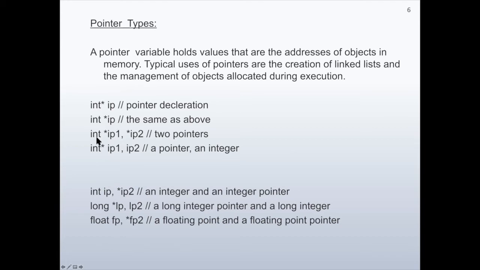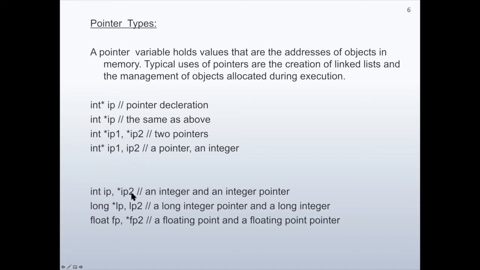Here we have two integer pointer declarations, int *ip1 and *ip2. These are two pointers. However, if it is written in this form, int *ip1, ip2, the first one is a pointer, but the second one is an integer.